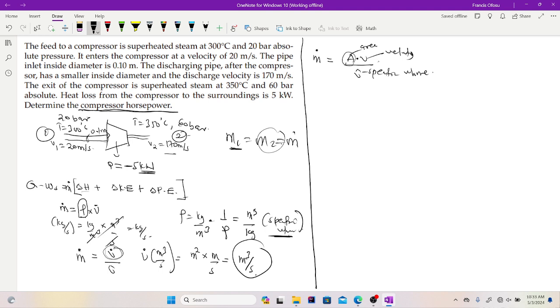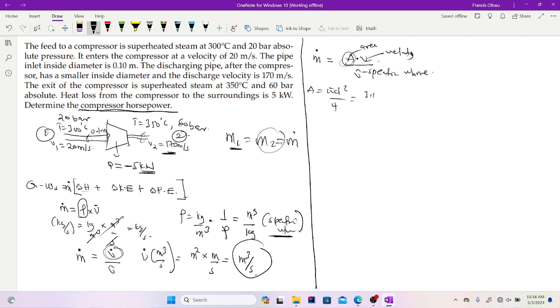I'm thinking of using the outlet stream. We have our velocity, we need area. We don't have any diameter to calculate the area, so you can't use the outlet stream. So now let's use our inlet stream. We have the diameter, so we can find our area to be pi d squared over 4.